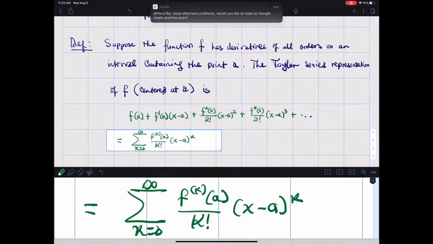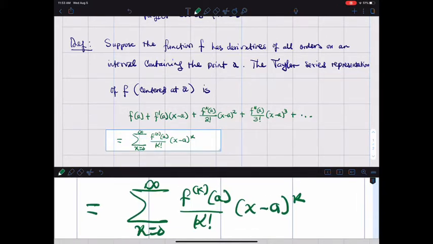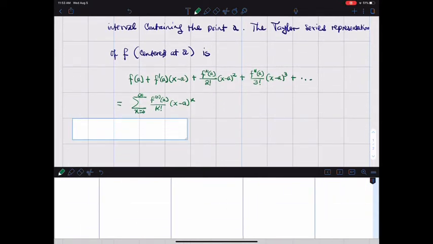Now, if you look at this closely, you will see that this is actually a power series. All right? And so let's just write this down.